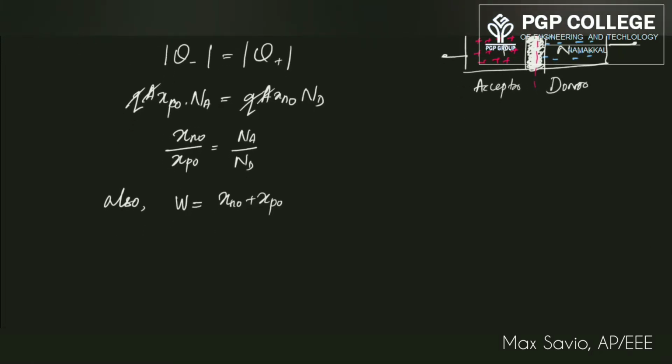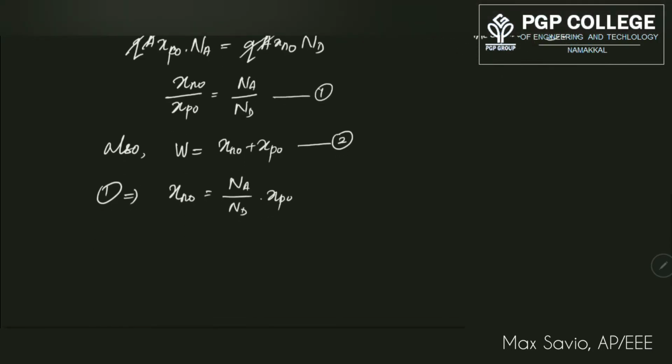Let me take this as equation number 1, and I'm going to substitute it in equation number 2. So 1 can also be written as x_n0 equals N_A by N_D into x_p0. When I substitute this in equation number 2, W is equal to, instead of x_n0, N_A divided by N_D into x_p0 plus x_p0.